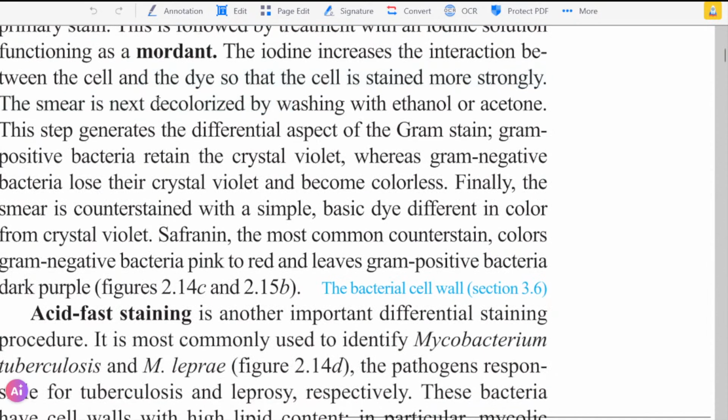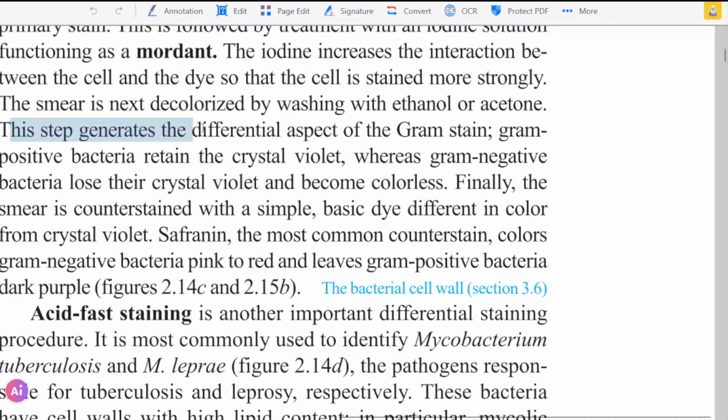The smear is next decolorized by washing it with ethanol or acetone. Decolorizing means we wash it, trying to rip that stain off. If it is not removed by the ethanol or acetone, it means it is stained perfectly.